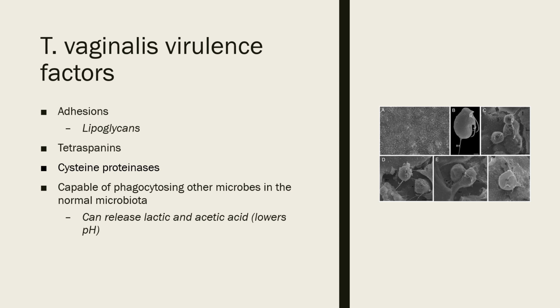And then, like I mentioned earlier, they are capable of phagocytosing other microbes in the normal microbiota and can release lactic and acetic acid, which will lower the pH of the vaginal tissue. And the low pH of the vaginal secretion is cytotoxic to epithelial cells. So this is how the disruption of the normal microbiota starts.